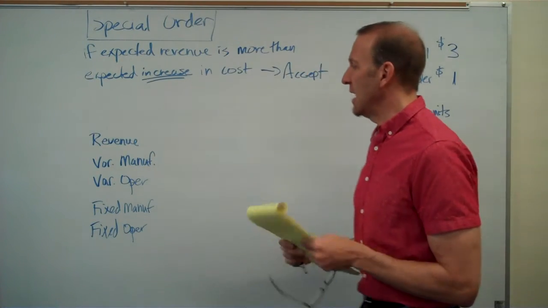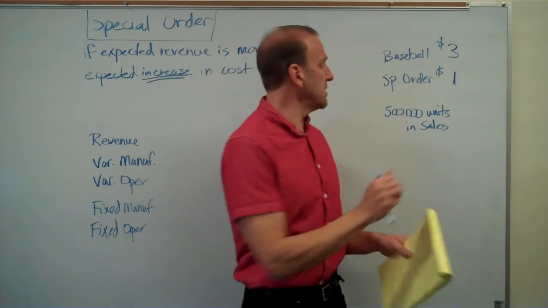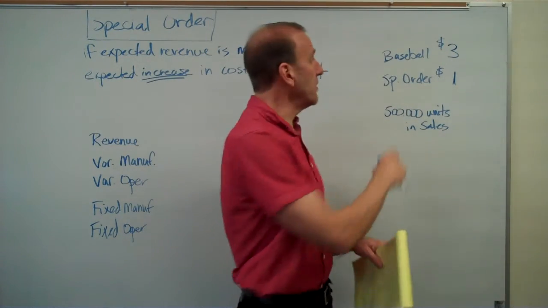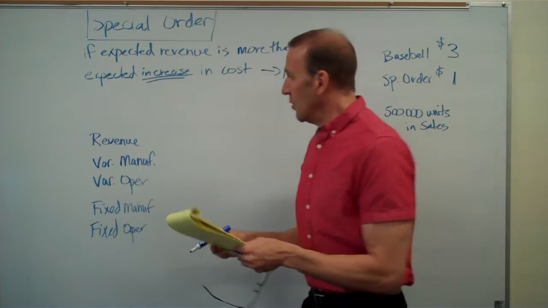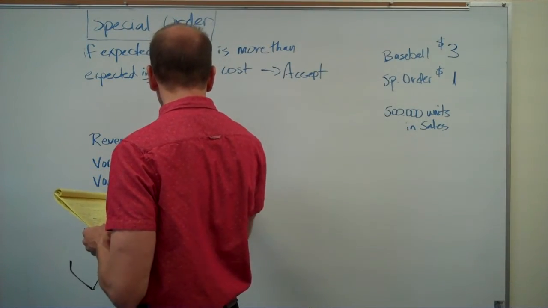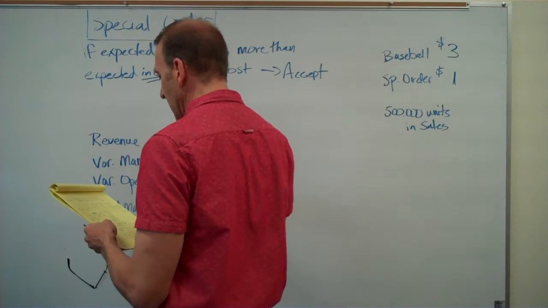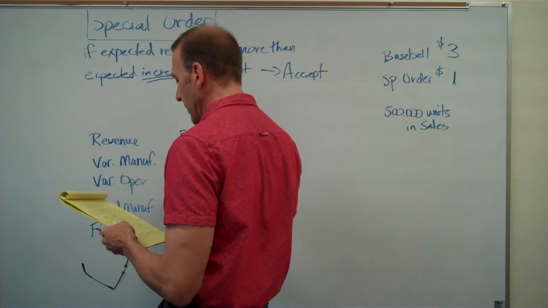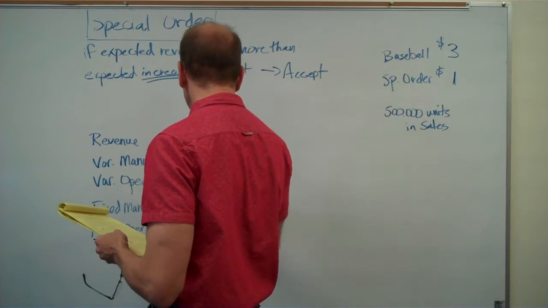So let's take a look at an example. Right now, let's say that we're selling 500,000 units in sales. That's what we're selling for $3, okay? So our revenue then, per unit, is $3. The variable manufacturing, let's say that it's 90 cents, and let's say our variable operating is 20 cents, okay?